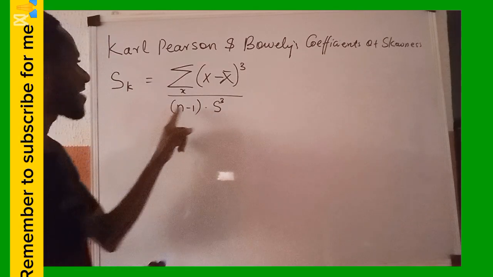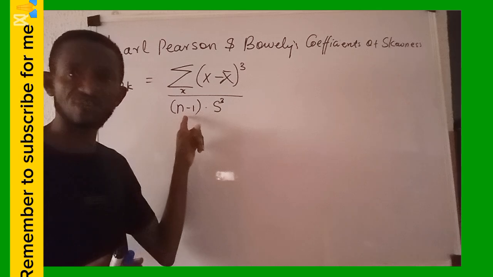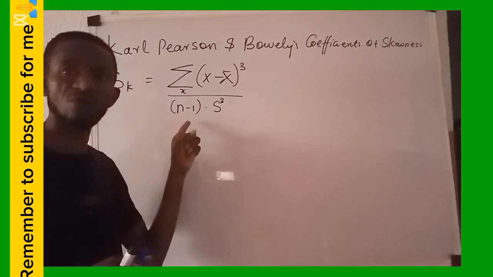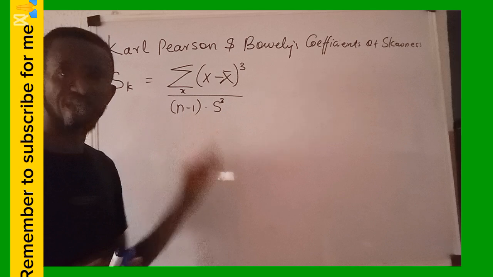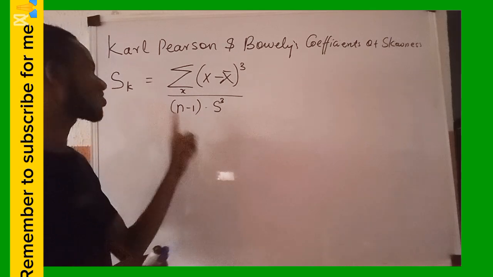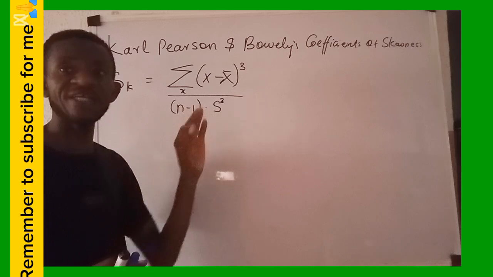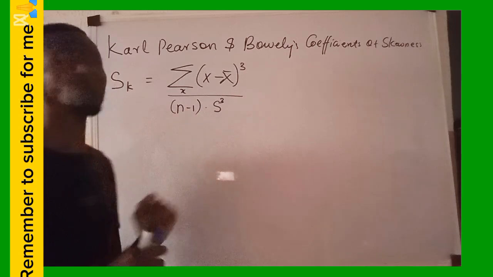And this n minus 1 is conditional. It depends on whether our n is small or large. If our n is small, we make use of n minus 1. But if our n is large, we make use of n.